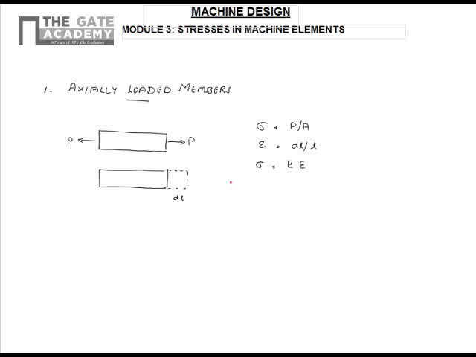So from this we get dl is equal to PL by AE, where dl is nothing but the elongation.